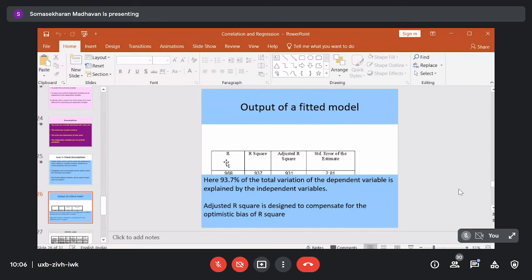So multiple correlation is the correlation which maximizes the correlation between the dependent variable and the linear combination of the independent variables. That means the parameter values are to be chosen so that this correlation is maximum. That is why we say that capital R, the multiple correlation coefficient, is the maximum correlation between the dependent variable and the linear combination of independent variables.